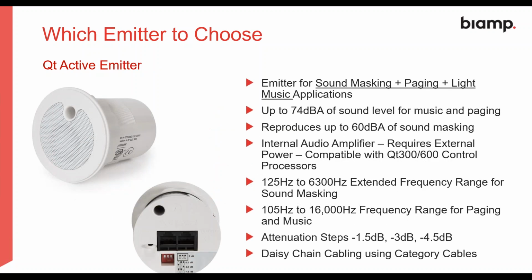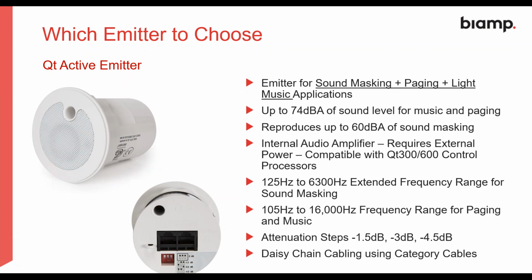We also have the active emitter, and the reason for the active emitter is that it has a wider frequency range. So the active emitter will work from 125 Hz for sound masking and 105 Hz for paging and music. Slightly different attenuation. We have -1.5 dB steps on the attenuator, and it requires a power supply and an injector, which I'll explain later on.